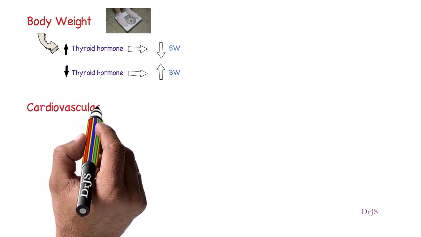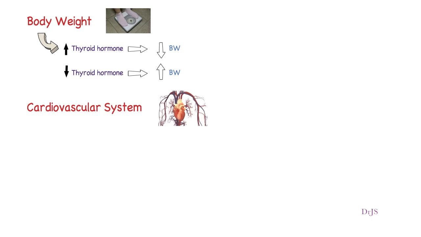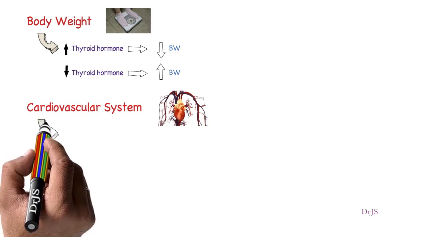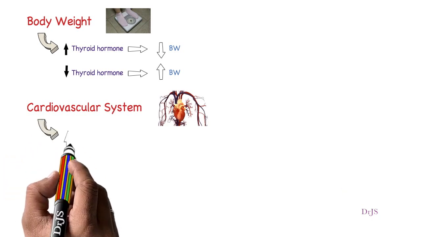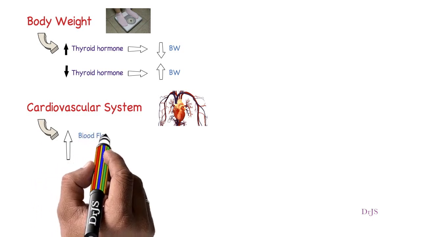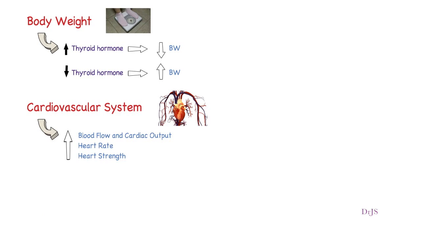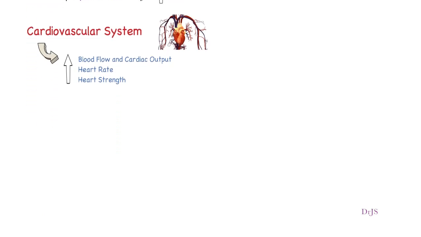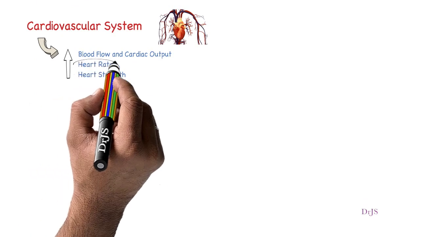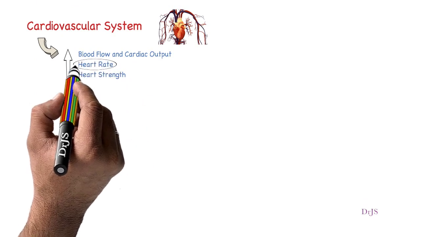Effect of thyroid hormones on the cardiovascular system. Thyroid hormone increases the blood flow, cardiac output, heart rate, and heart strength. The heart rate is one of the sensitive physical signs that the clinician uses in determining whether a patient has excessive or diminished thyroid hormone production.